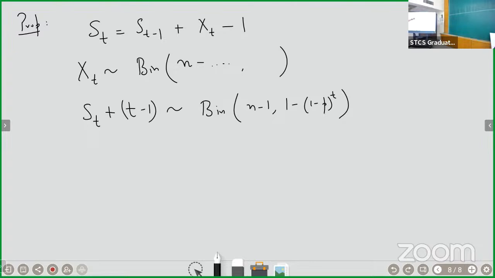X_t will be a function of S_{t-1}, but that's not important. Eventually we were able to show that the S_t process plus t minus 1 was binomial distributed, and as t increases, this becomes smaller and smaller. This is the result I want to recollect, which you already see.